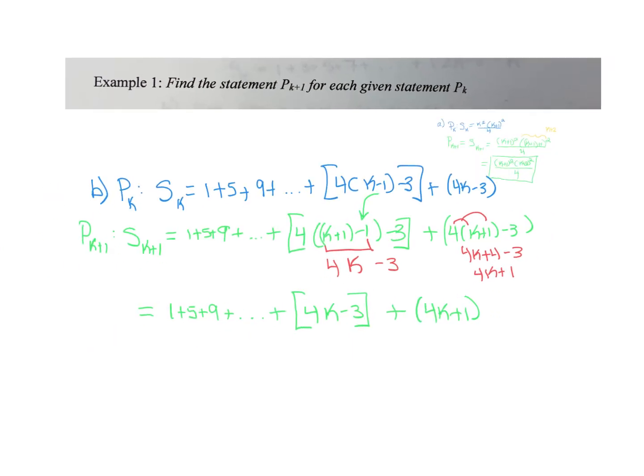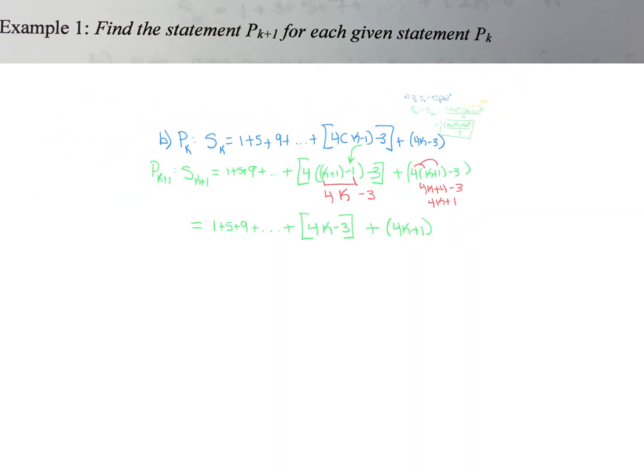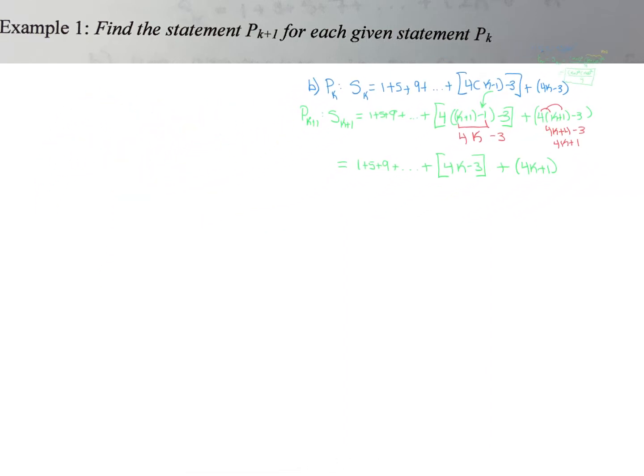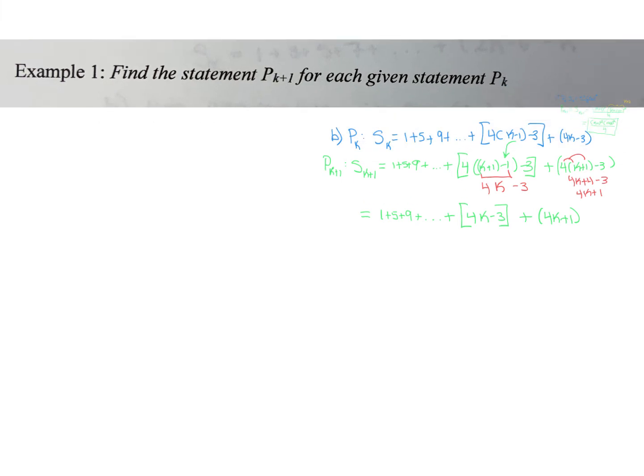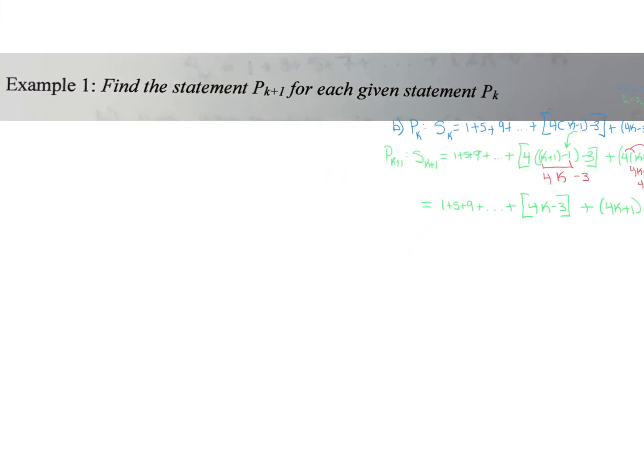Okay, let's do some more examples. Example C. C says that P sub k is S sub k equals k plus 3 less than 5k squared.